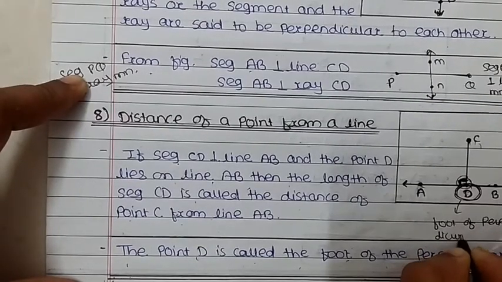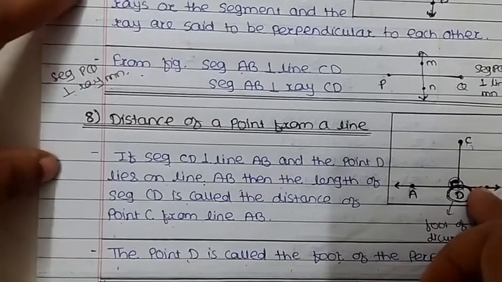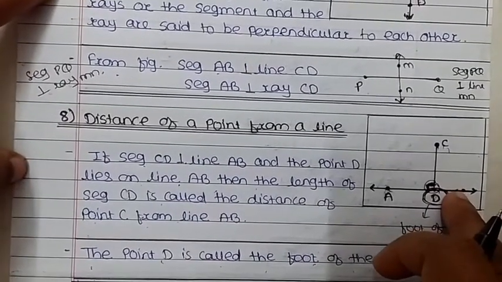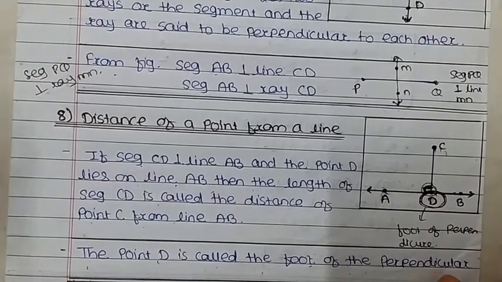This is some theoretical discussion, but in the next video we will discuss actual examples based on these concepts. You should first remember these basic concepts: the meaning of segment, ray, perpendicular, and how to calculate the distance of a point from a given line.